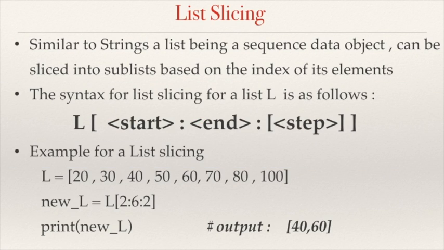Here, the step is optional and its jump value by default is 1, as in case of strings. Here too, the start, end and step can take negative values. So let us see few examples related to list slicing so as to understand it clearly.